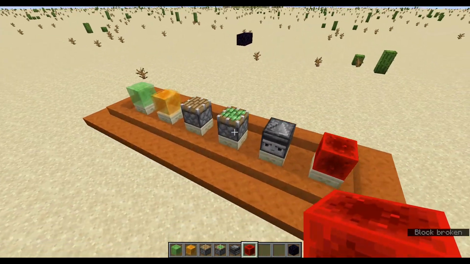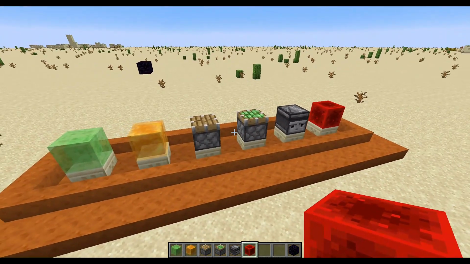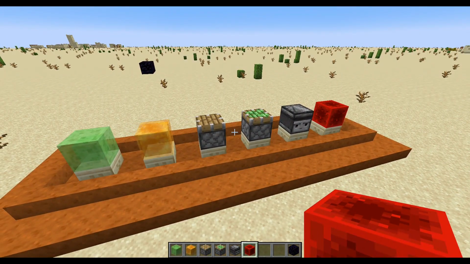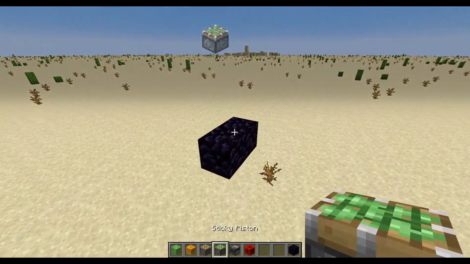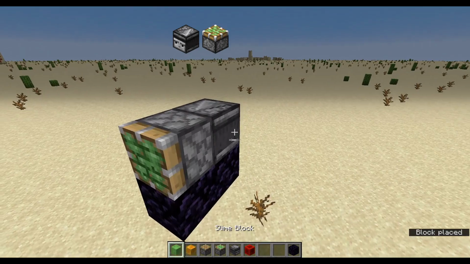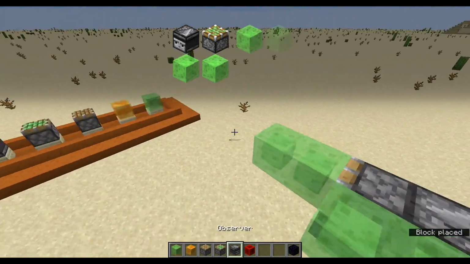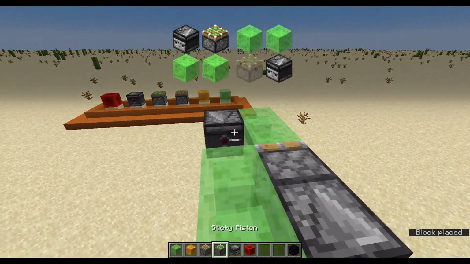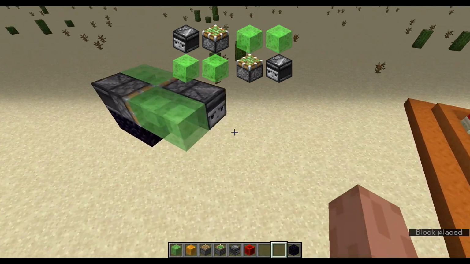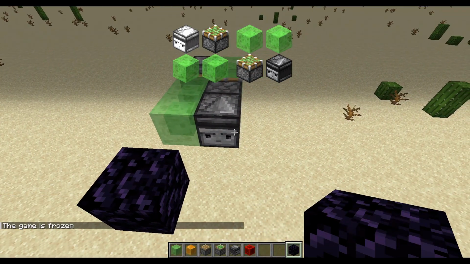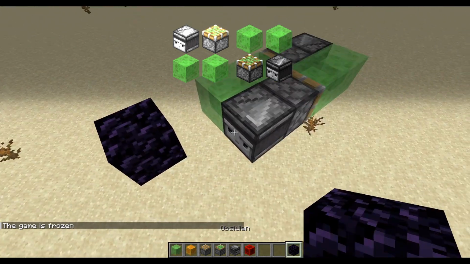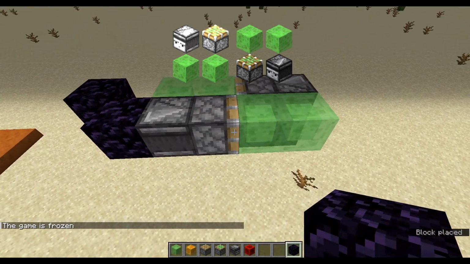With these blocks we can build a simple flying machine that will move continuously in two directions. We need one piston, one observer and two slime blocks, and repeat the exact same design one more time. What we have here: when you activate the observer on any side, it activates the piston, and the piston pushes the other half of the machine forward.